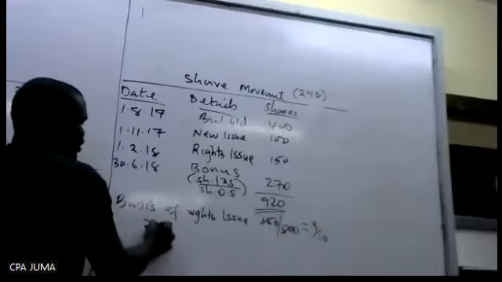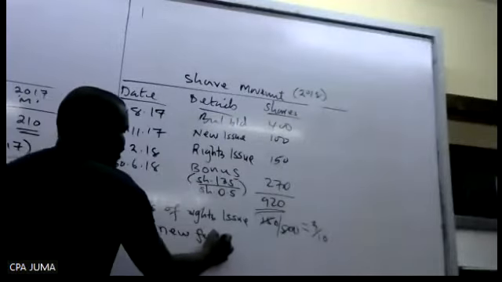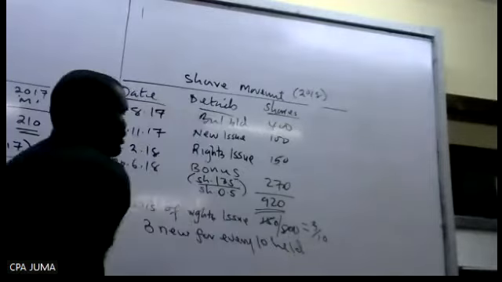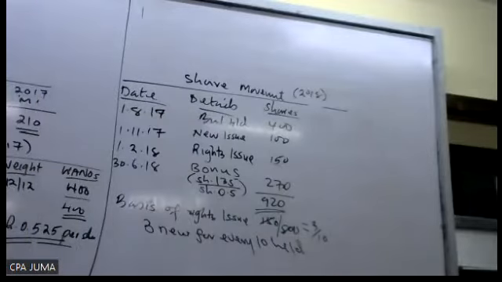So the basis is 3 new for every 10 held. So 3 over 10 times 500, that is 150.